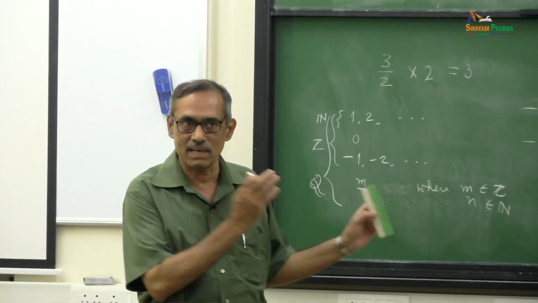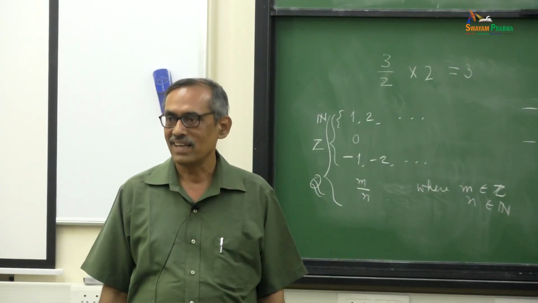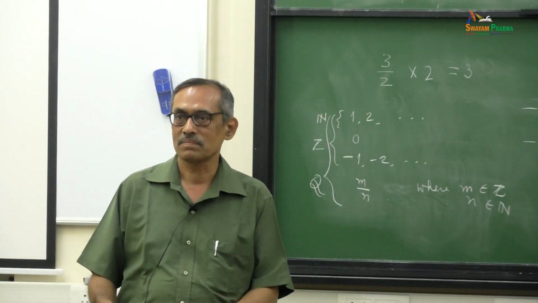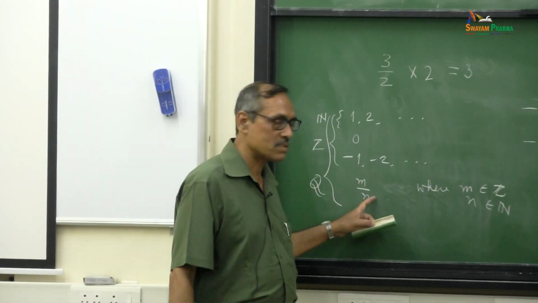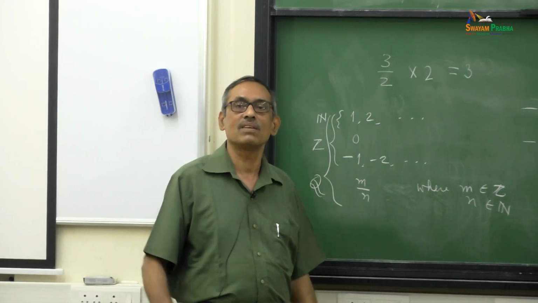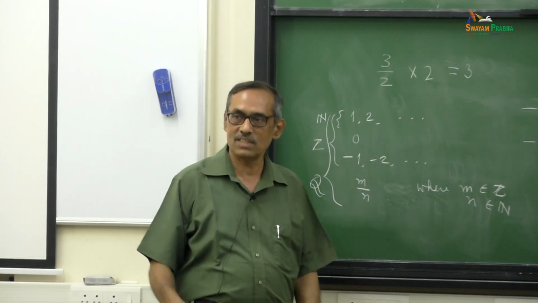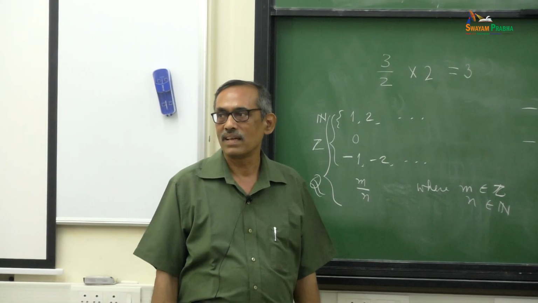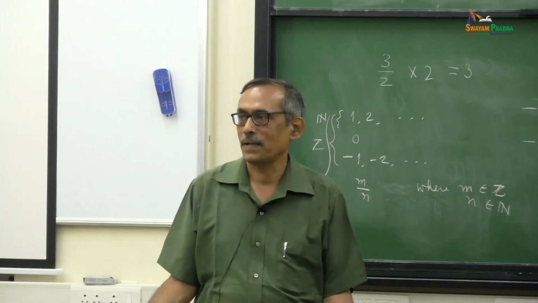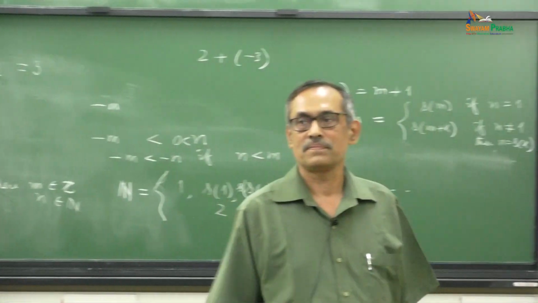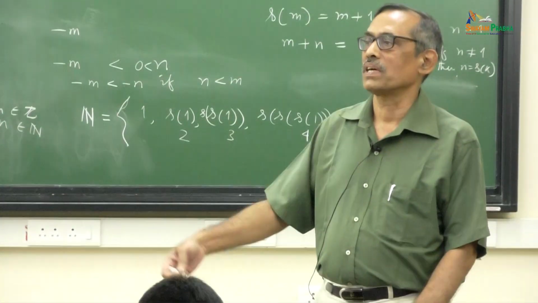So the meaning comes from how you work with it. How do you work with these numbers? If you multiply that with n, you will get m. That is the way of working with that, right? Is that okay? So formally it is nicely defined without going to equivalence classes and so on. Then rational numbers will become this way.